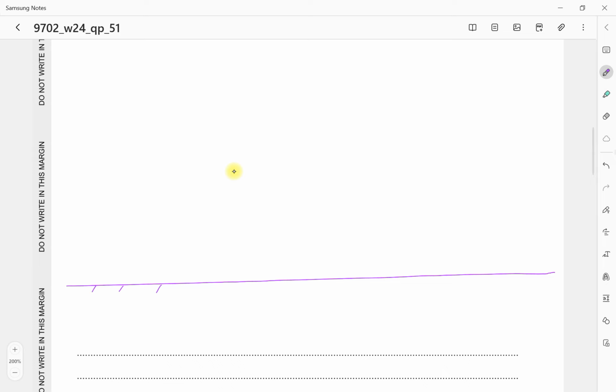So this is going to be the bench or the table. So let's say this is the bench. So I'm going to mark point P somewhere here.